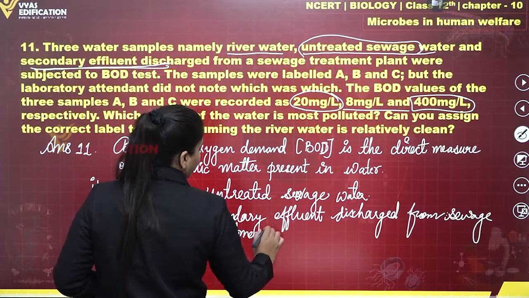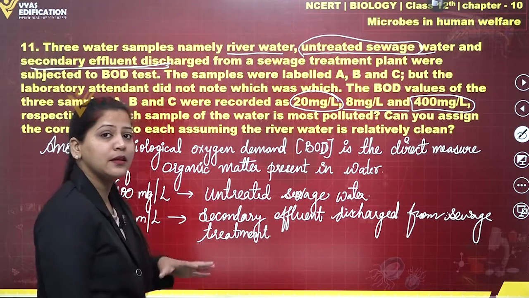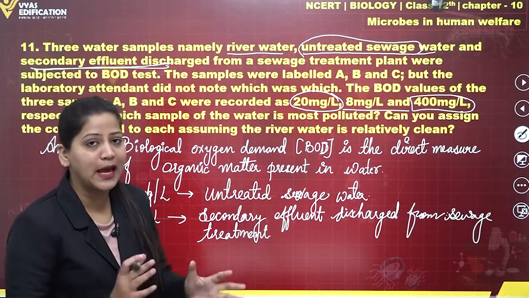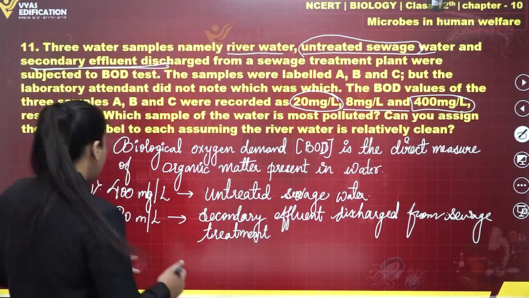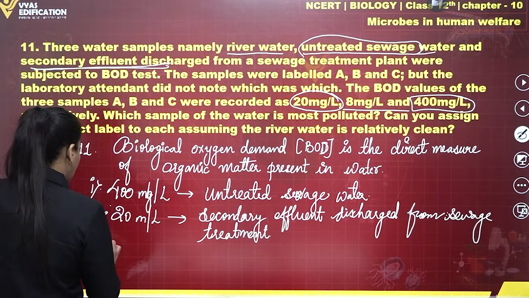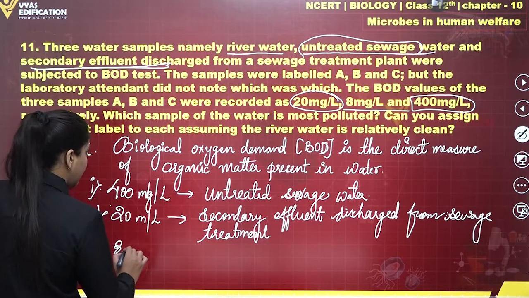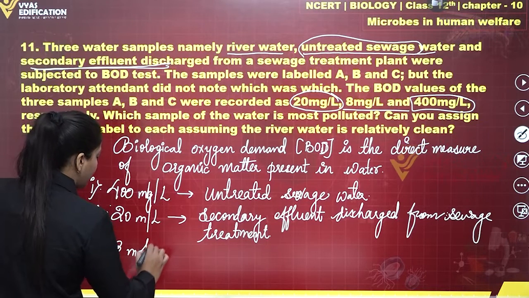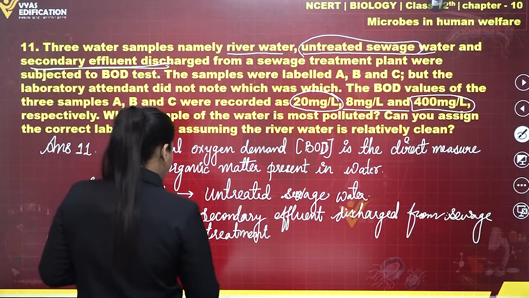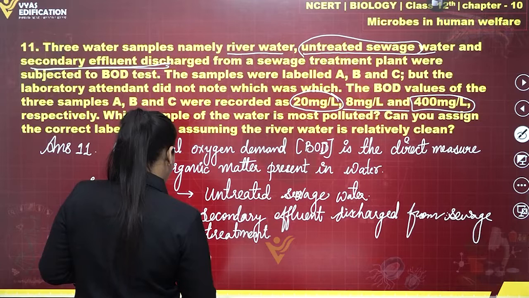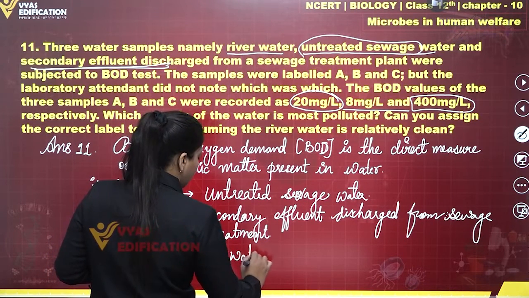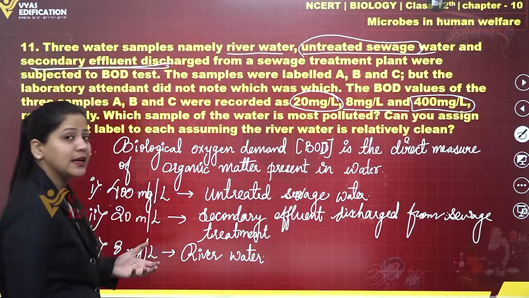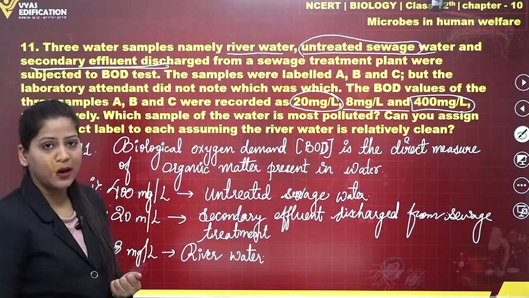And of course, the river water will have less BOD as it contains less organic matter comparatively. So the last value, the lowest value of BOD, 8 milligram per liter, is the value we can give to the sample river water, as it contains less organic matter.